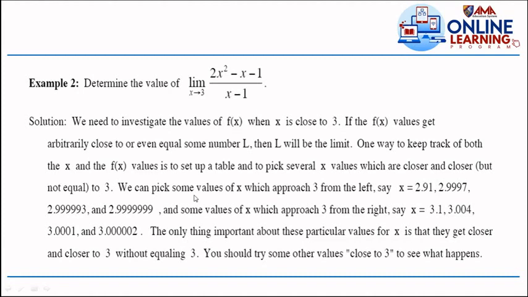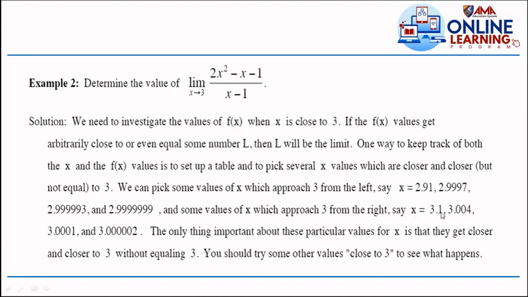So sabi dito, we can pick some values of x which approach to 3 from the left. Say x is equal to 2.91, 2.9997, 2.9993, and 2.999999. So nakasum siya ng values which is very close to 3 but not equal to 3. And some values of x which approach to 3 from the right.